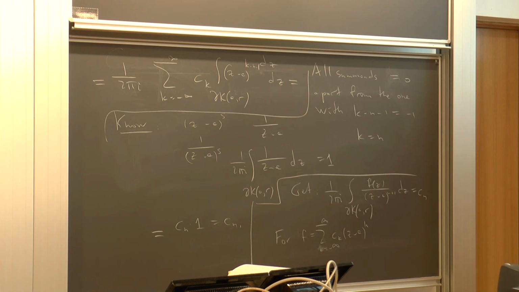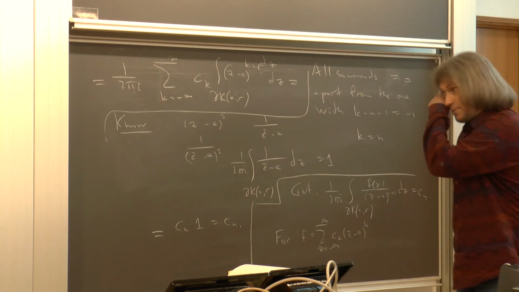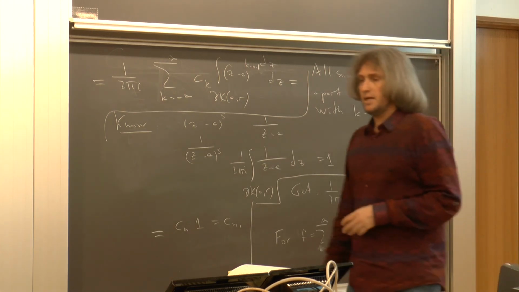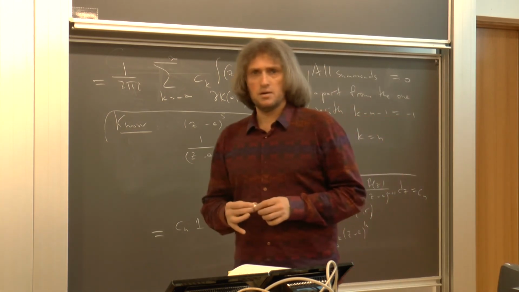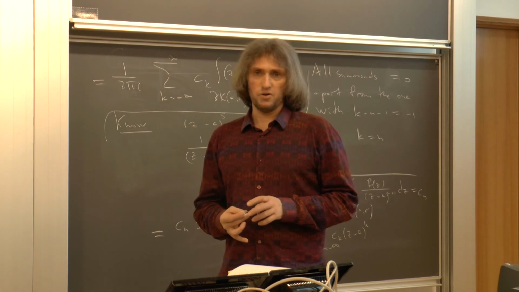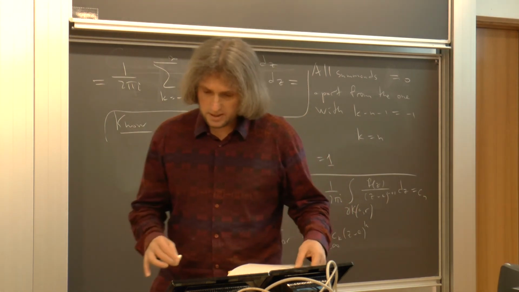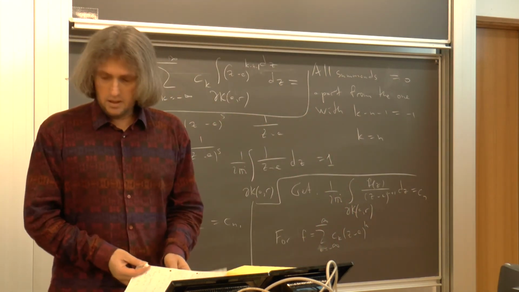Good. So this was the easy part. The difficult part is to prove the existence of such a representation for a given holomorphic function. And that's what we'll do after the break.